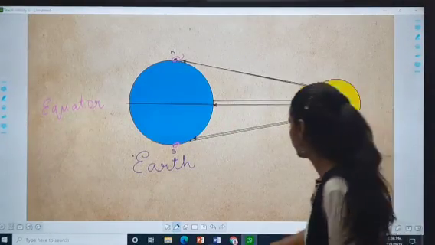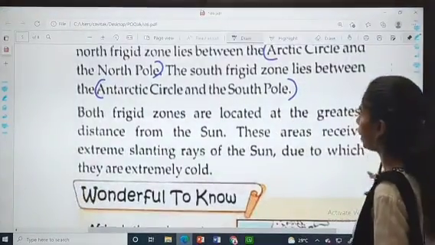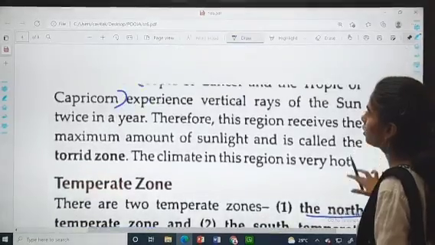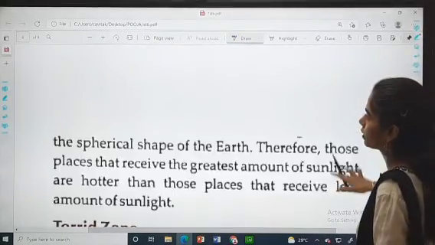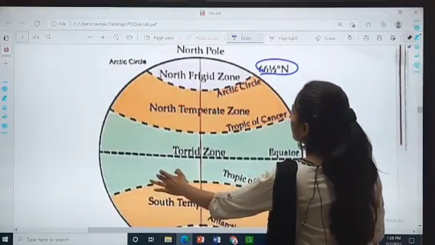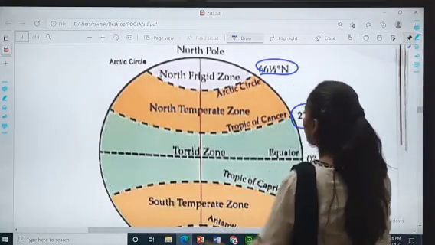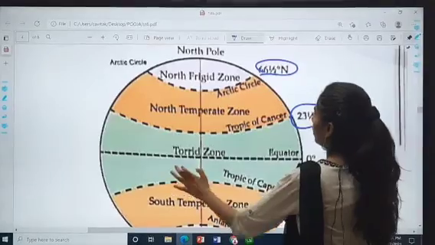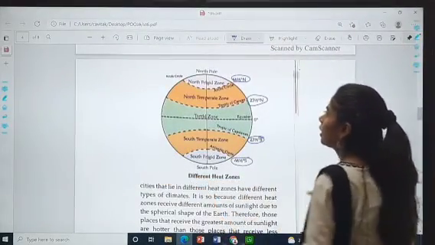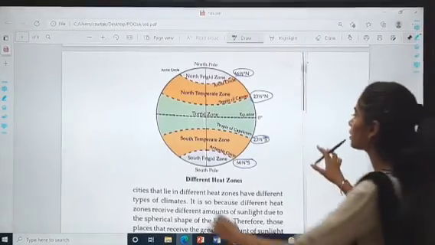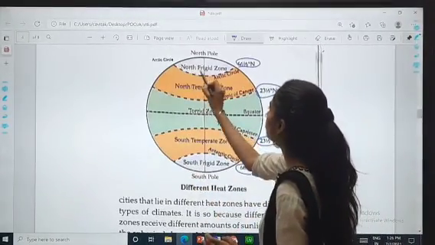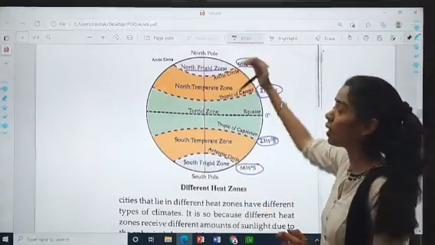Is it clear? Now, I'll show the figure to you so that it will be more clear. Okay, one second. So this is your figure. In the textbook also it is there. You can see this is the figure, and as we had already discussed, this is your North Frigid Zone at the top.